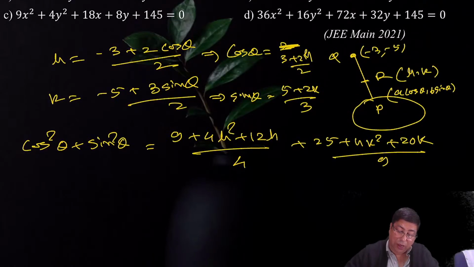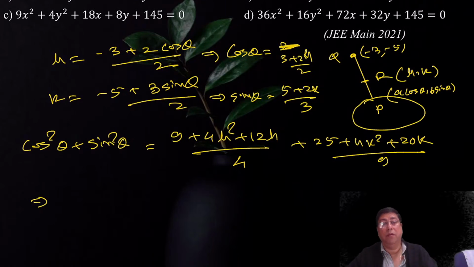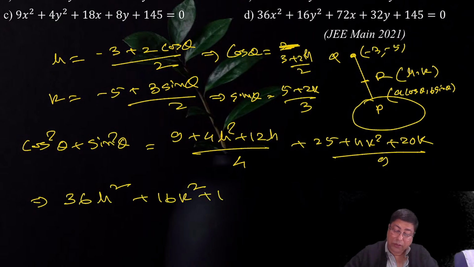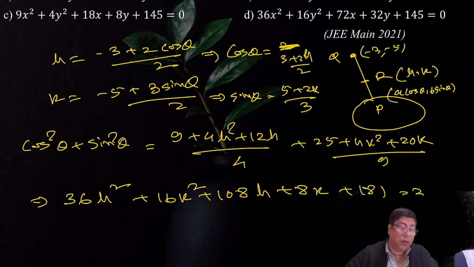Calculate simply and very fast, because our locus is in terms of some straight curve form. Therefore, we can write this as 36h square plus 16k square plus 108h plus 80k plus 181 equal to 36.